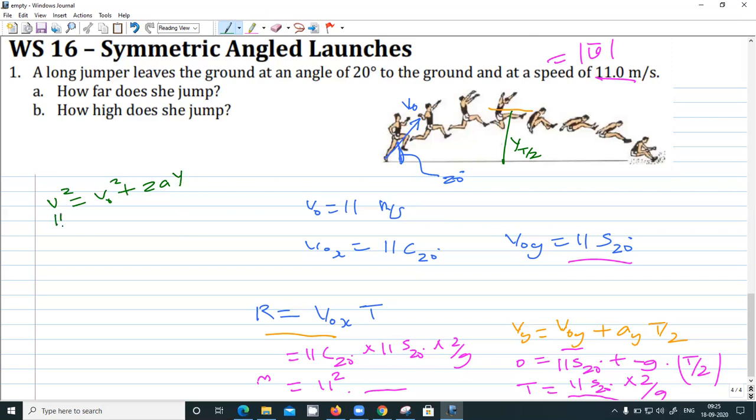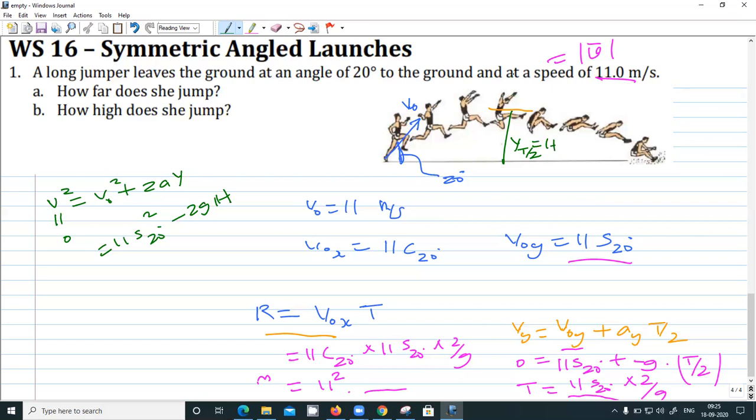This v is 0, right? Yes. And v naught square is 11 sine 20 square minus 2g and this height h. Suppose I call this height h. Okay, so from this I can find h. So what's Y? 2AY, what's Y? I'm taking this point, right? Maximum height point.